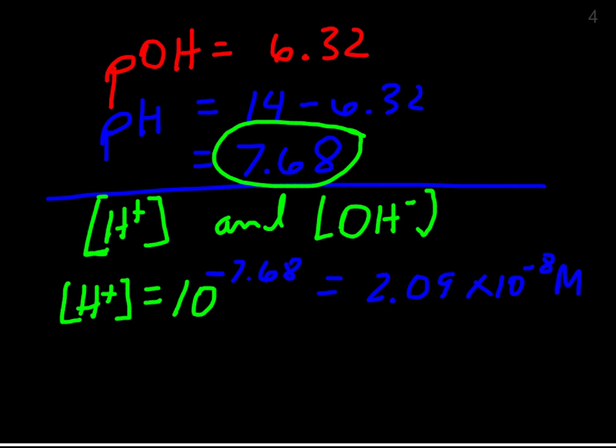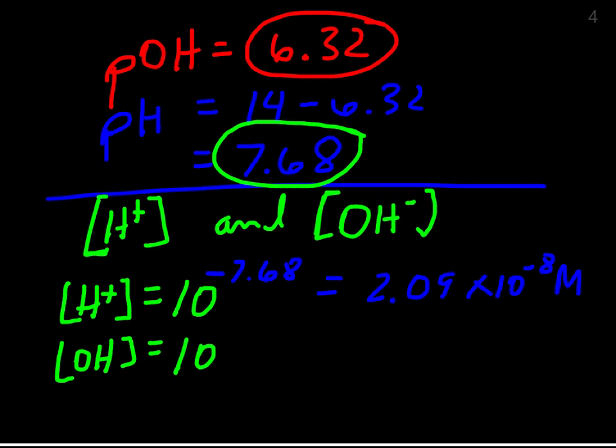So try that. Now if I want to figure out what the hydroxide ion concentration is, it is going to be equal to 10 raised to the negative 6.32.